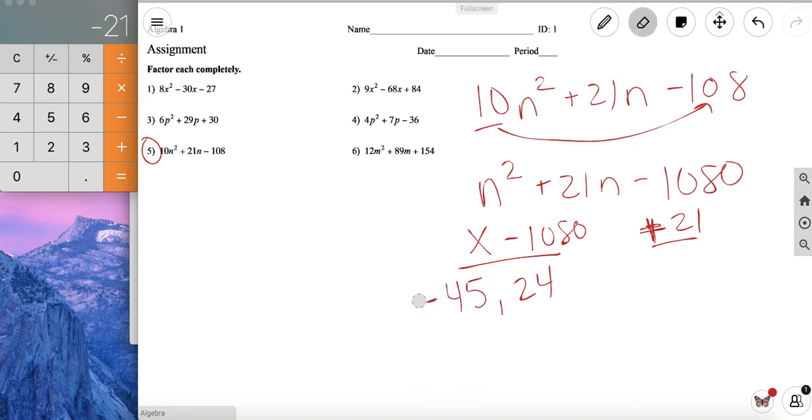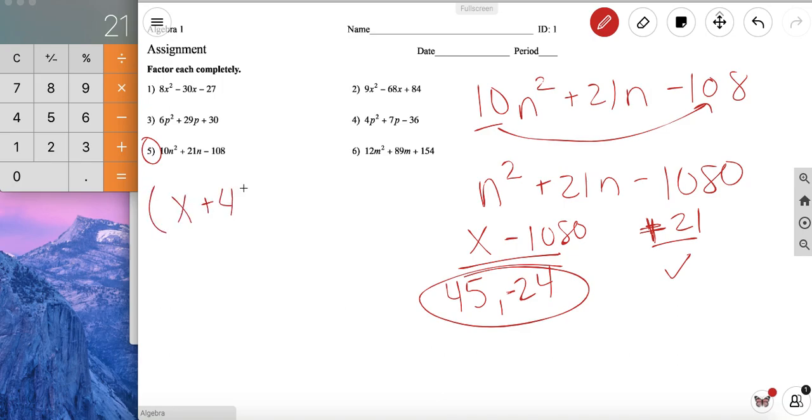So what if I made this one the negative? Okay, 45 minus 24 gets me a positive 21, so we know that this is the right answer. So we put it in a set of parentheses, x plus 45, x minus 24.